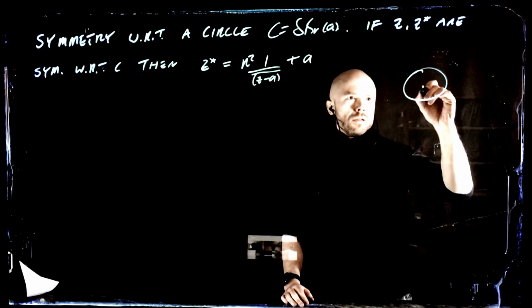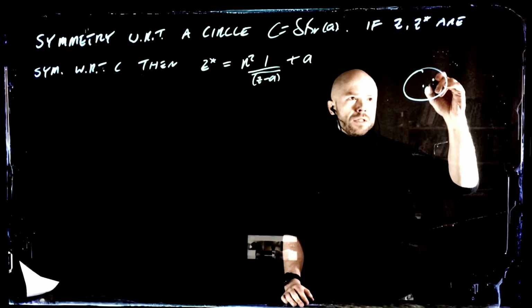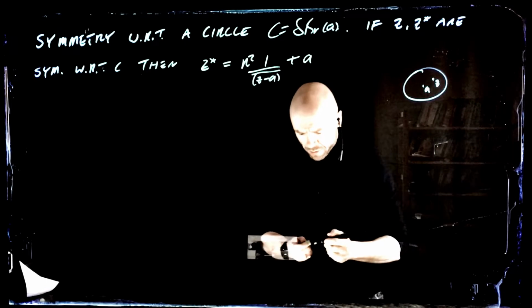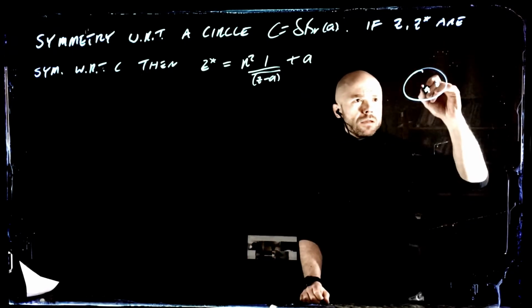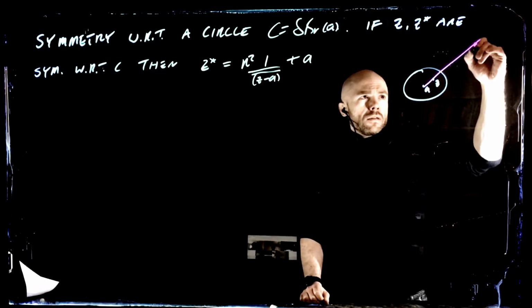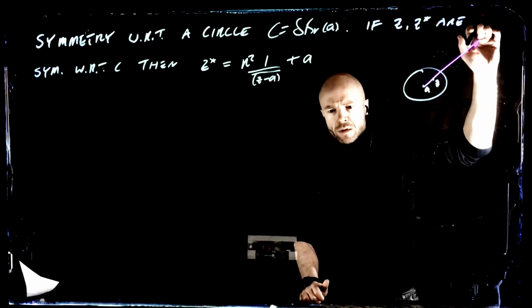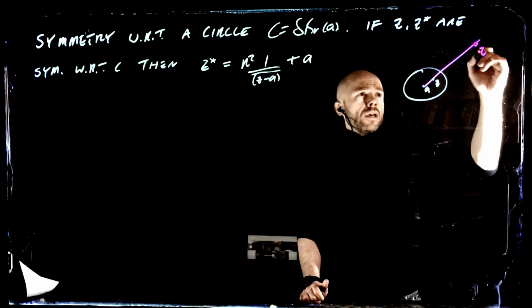Because this is A and this is Z, then as we go out along this ray, the closer we are to A, the more we're sent out along this ray.